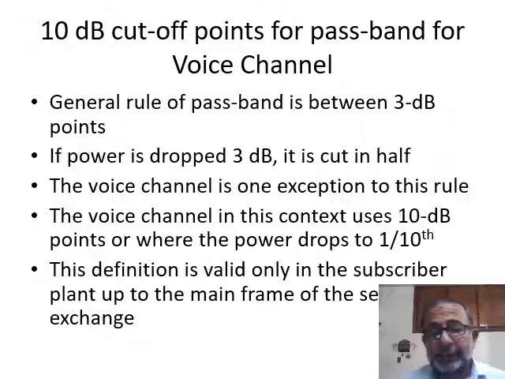The voice channel is an exception to this rule. In the voice channel, we use 10 dB points, or where the power drops by 1/10. This definition is valid in the subscriber's plant to the mainframe of the serving exchange.